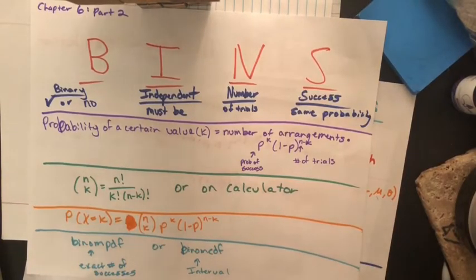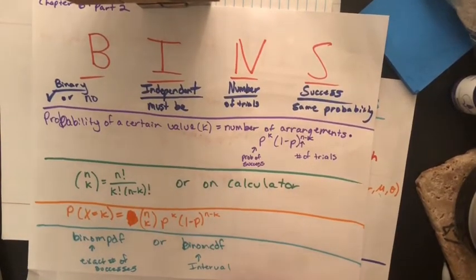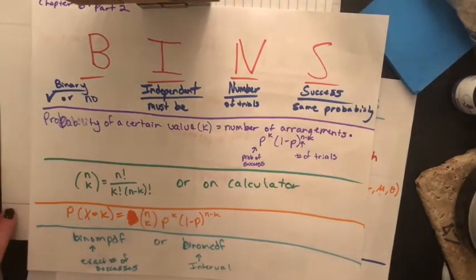And then arrangements you can find using this. When you're finding it, you don't write a bar there. You're just writing it normally. And then this number is to find the arrangements.